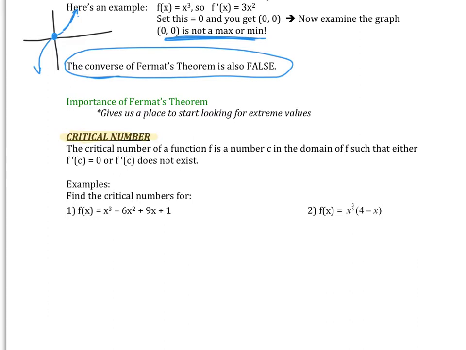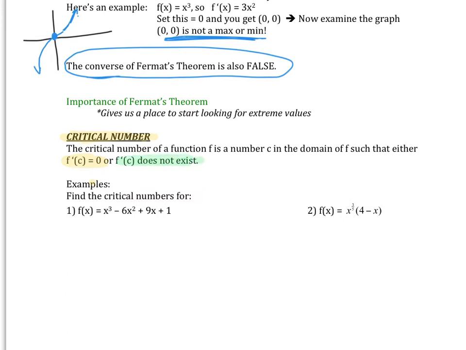So what is a critical number? Well, it gives us a place that is a possible maximum or minimum. So the critical number of a function f is a number c in the domain such that it is either f prime c equals 0, or here's the next one we have to take a look at. It's either 0, and now take a look, here's a second important part, or does not exist.